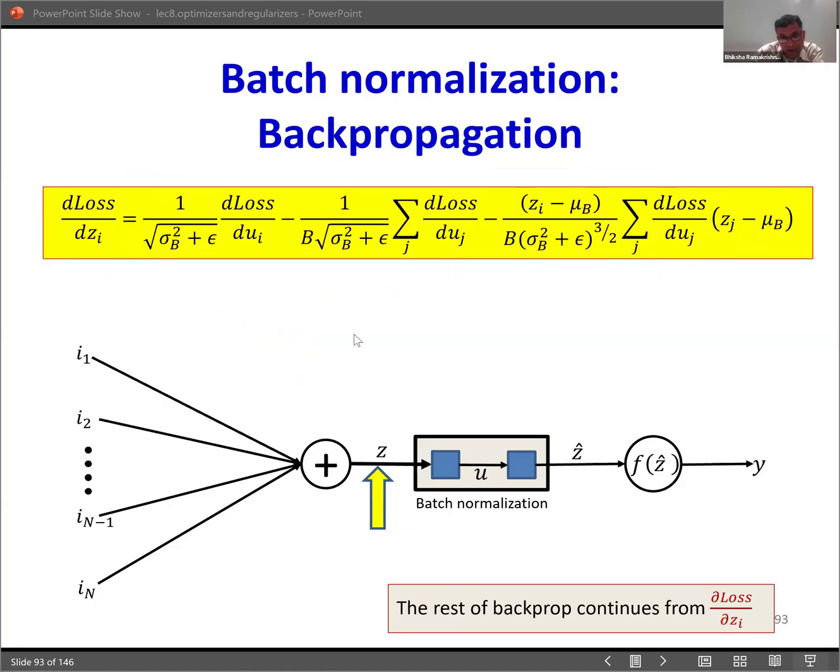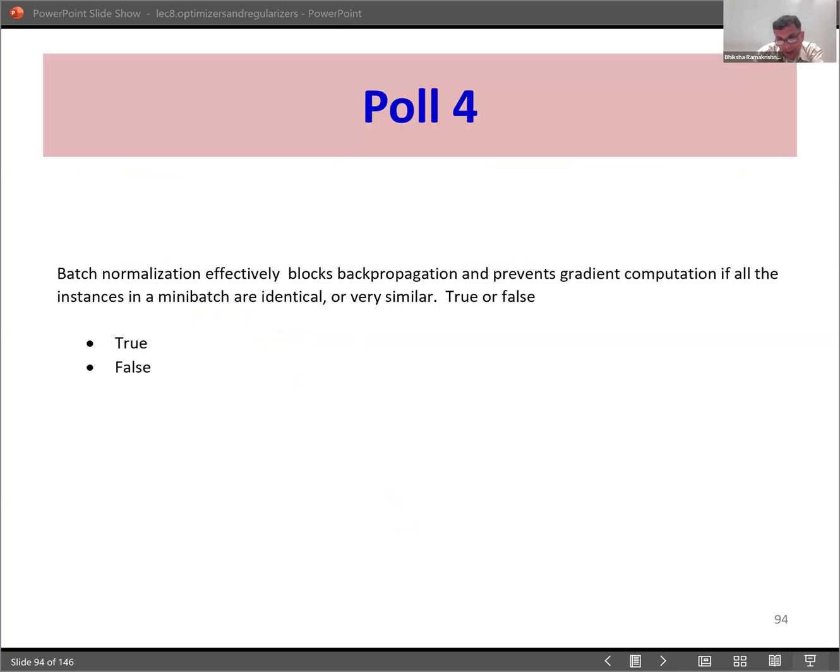And so here is a whole question. If I can get the polls out.